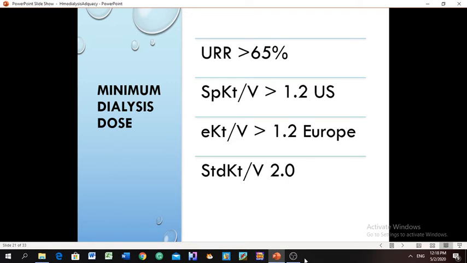The minimum dose: urea reduction ratio more than 65%, single pool 1.2 in the United States, equilibrated pool 1.2 in European countries, and the standardized KT/V 2.